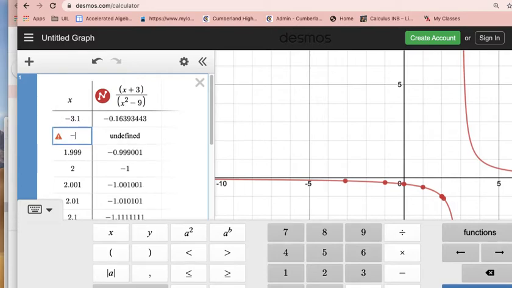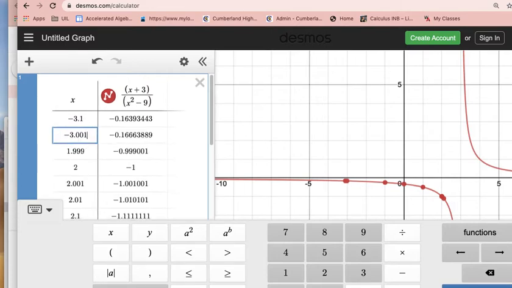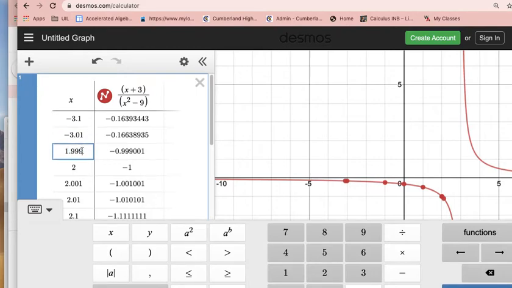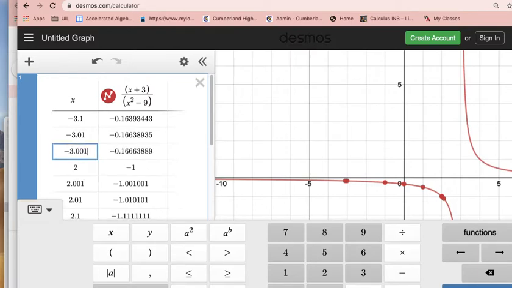Uh-oh. What's happening here? I'm getting decimals. Whoops. This was supposed to be 0, 1. There we go. And this would be negative 3, which is undefined.